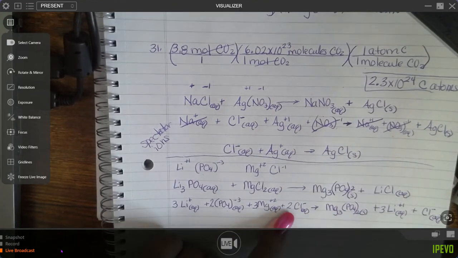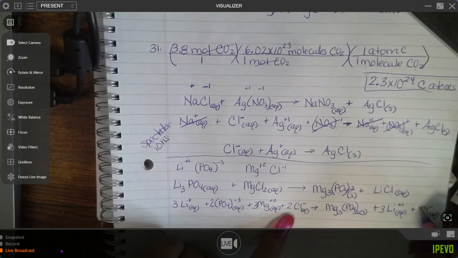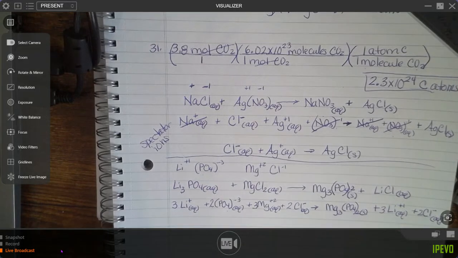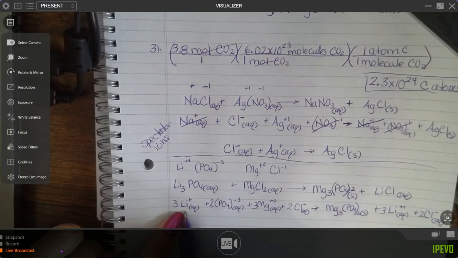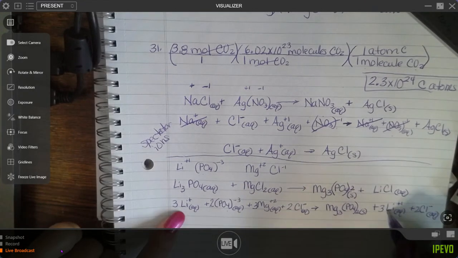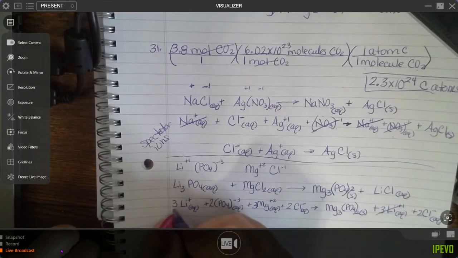And then I have 2 chlorine here. I need 2 chlorine over there. So even your net ionic has to be balanced. But just like I did, you can balance it after you've already broken the ions down into their individual components. All right, so the next step is to cross off anything that appears on both sides. So lithium, 3 lithium. Over here we have 3 lithium over here, so we're going to cross that off.